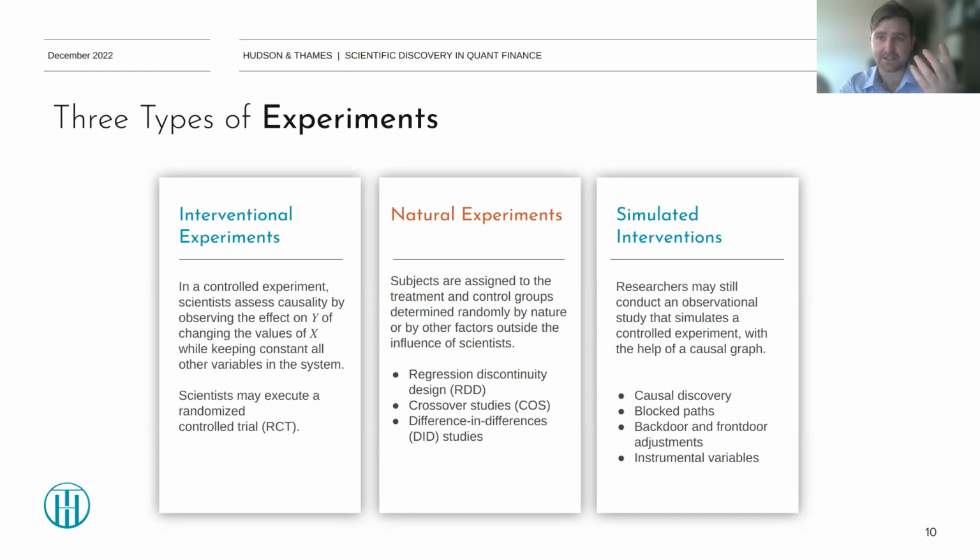If Y stays the same but X changes, you can map the causal graph like that.